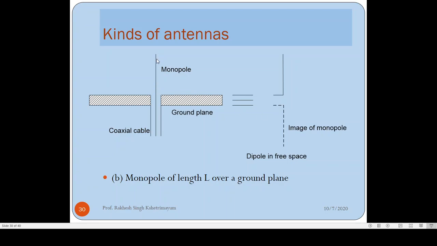This is a vertical case, so with a vertically directed current density here, you will also have another vertically directed current density here. So this is the image of this monopole antenna. So this looks like a dipole in free space. The properties of the monopole antenna can be easily interpreted from the dipole antenna, because after putting the image of the monopole antenna, this overall structure looks like a dipole antenna.